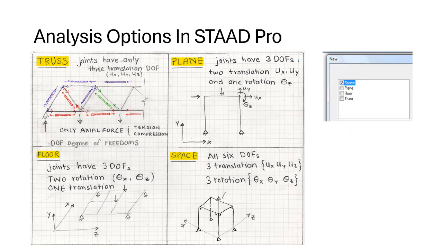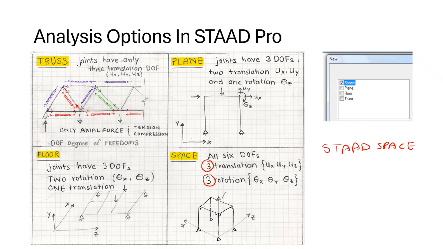In olden days, computer memory was a big asset. So in STAAD, there were 4 options, which are still available. When we say STAAD space, each joint will have 6 degrees of freedom, 3 translation and 3 rotation.